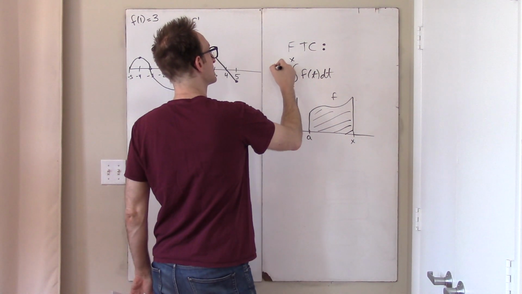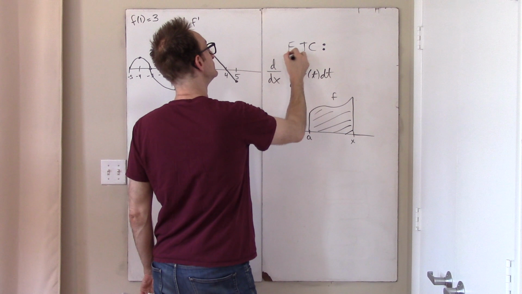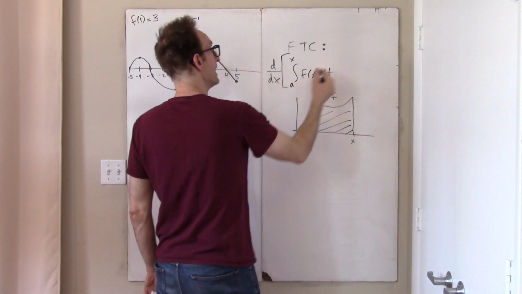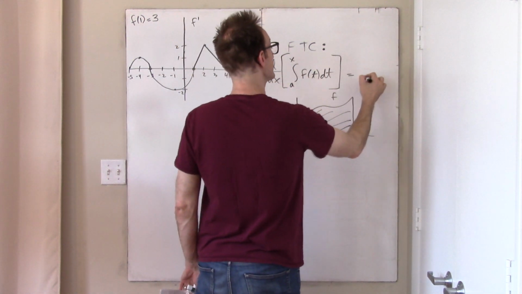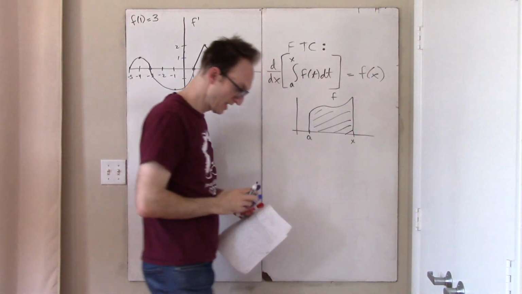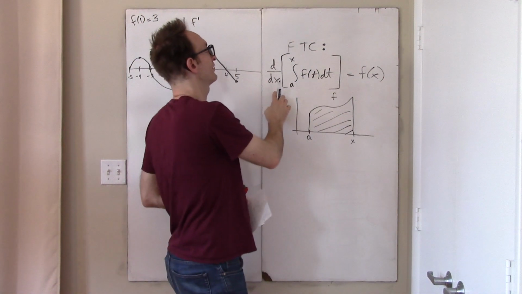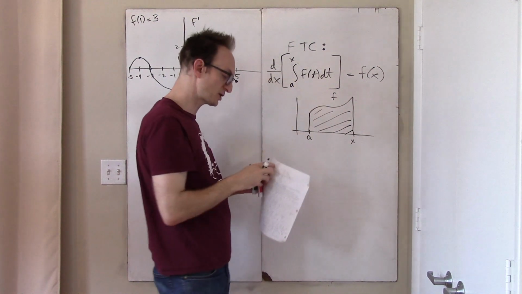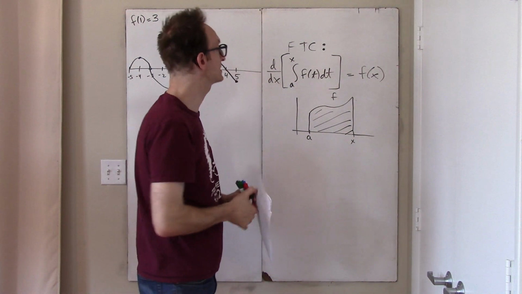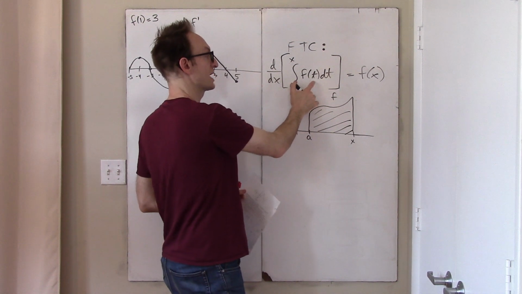And if we take the derivative of this, just as review, then the answer is that this is just the function. And the reason for this is because if we want to know the derivative of the integral of some function, then what we're really asking is, what is the rate at which this function is changing?